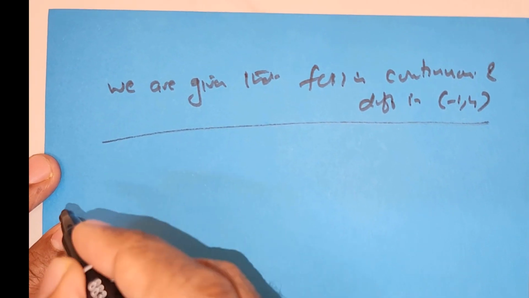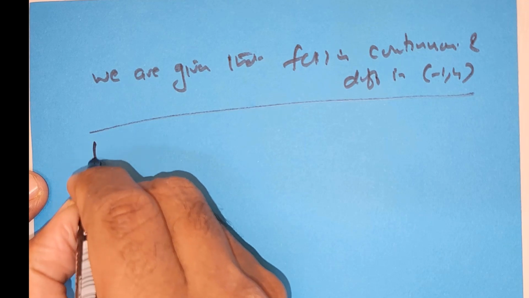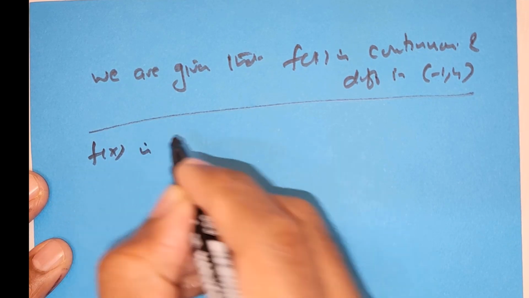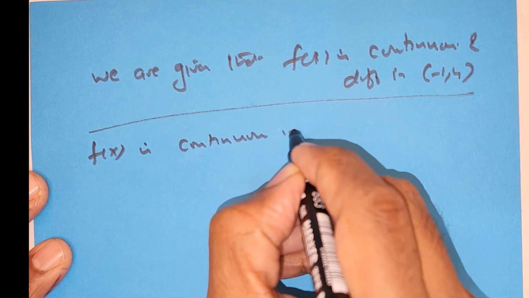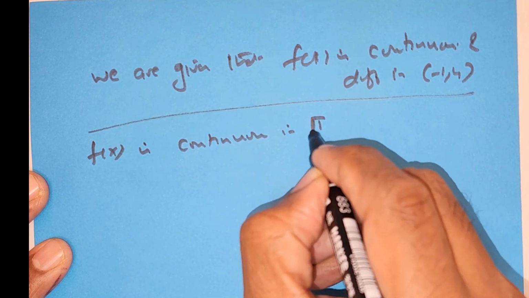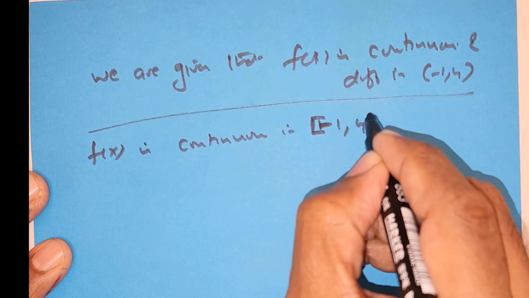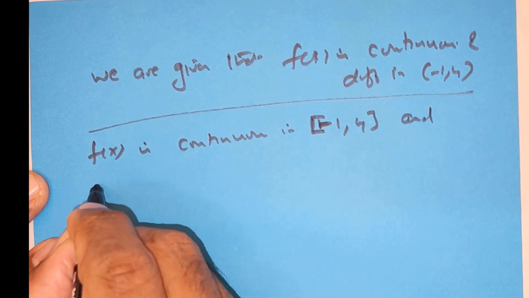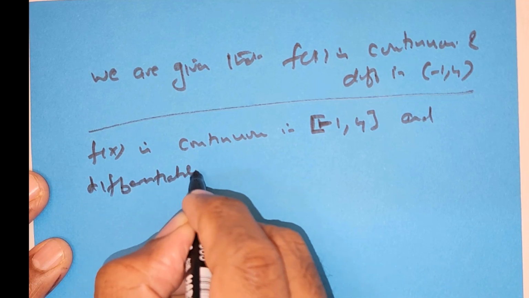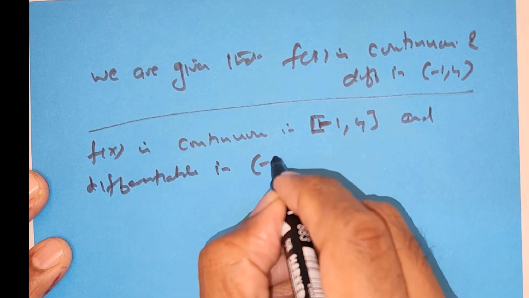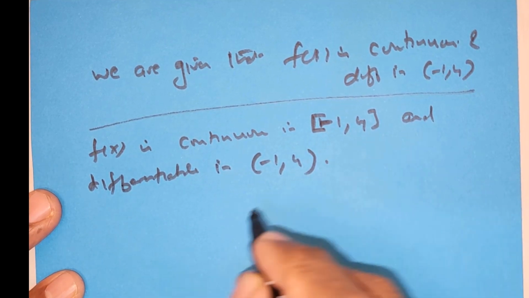So if I were to apply the mean value theorem, it means f of x is continuous in negative 1 comma 4 and differentiable in negative 1 comma 4.